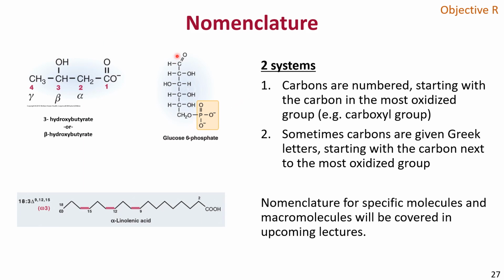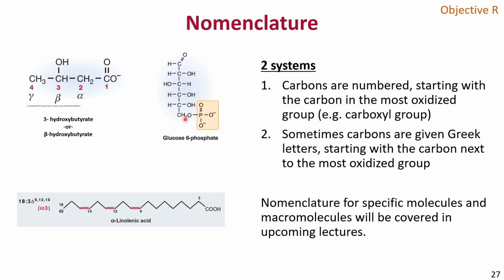Over here, we start with this molecule. What is the most oxidized? You look over here at the phosphate and you say, boy, look at all those oxygens. Whoa, this must be the most oxidized in the molecule. Well, that's not true. You're looking for the most oxidized carbon atom. Same here, you see an aldehyde with the C double bond O, but each one of these are single-bonded oxygens, so they are not as oxidized as the aldehyde is.